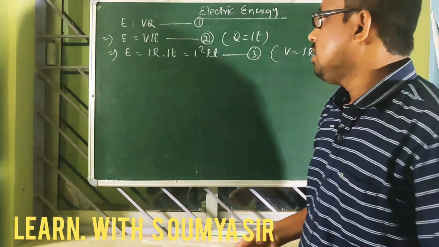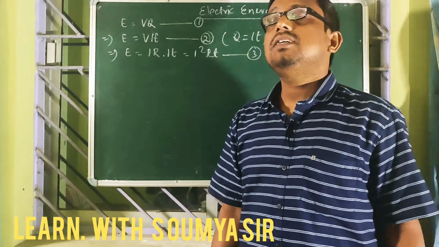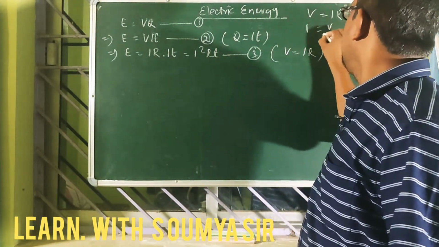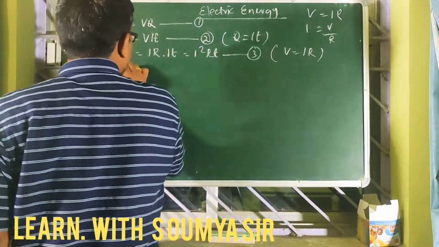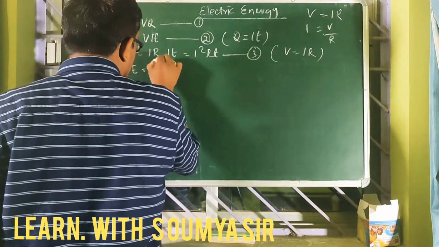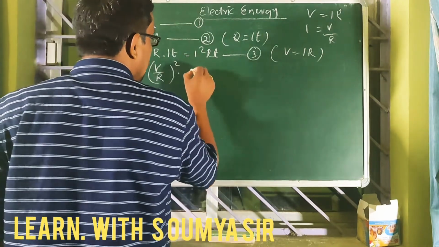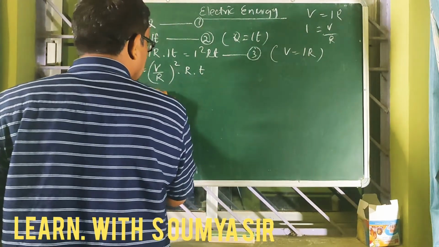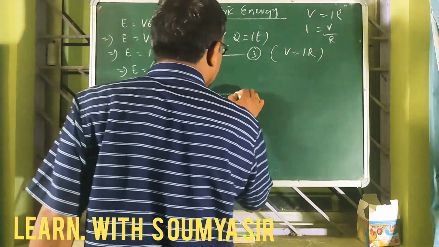Next, we know V is equal to IR, or I is equal to V by R. Put here. So we can write E is equal to, in place of I, V by R, the whole squared, into R into T. So it will be V square by R into T. This is the fourth equation.